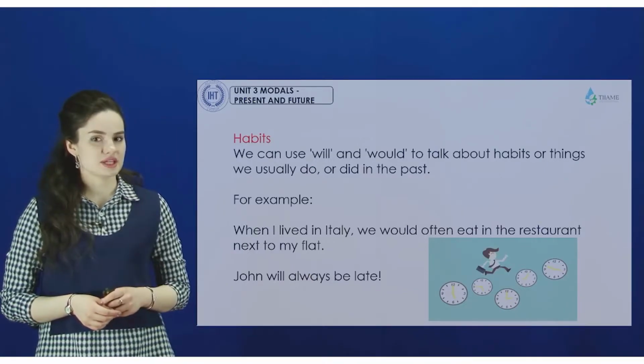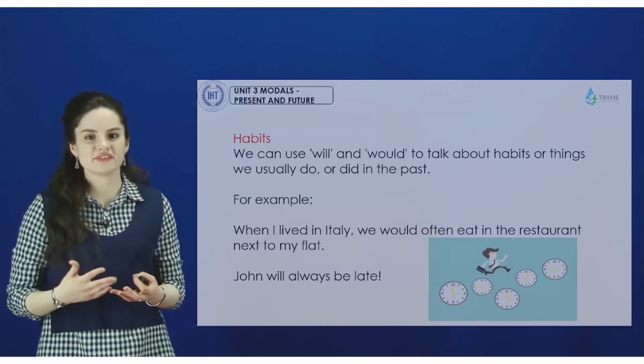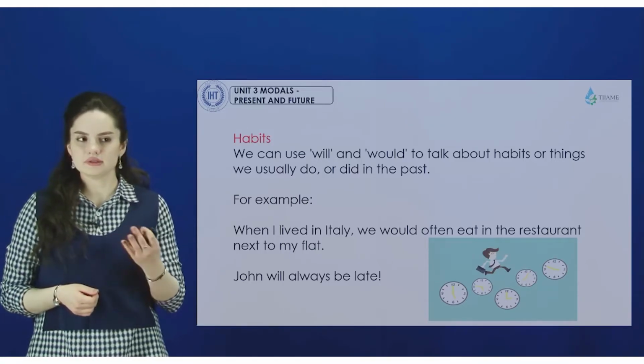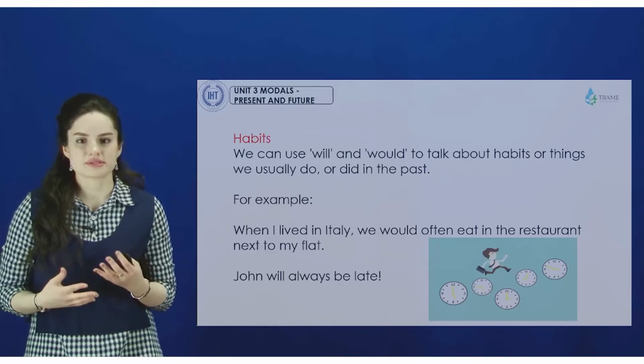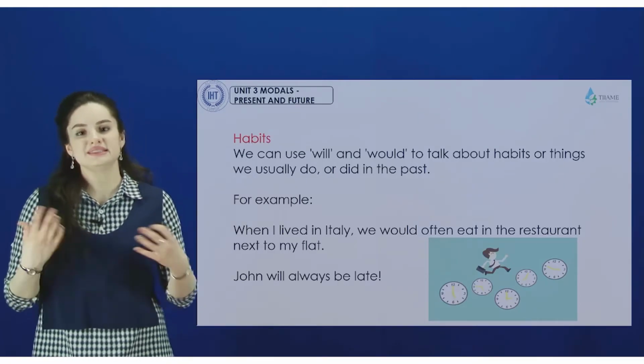Before giving a table of how to use verbs for which purpose, let's talk about habits. Look please, we can use will or would to talk about habits or things that we usually do, or like did in the past.